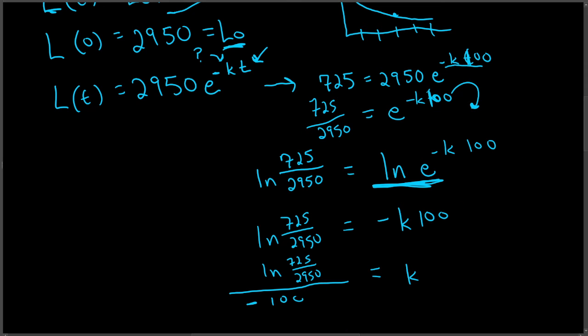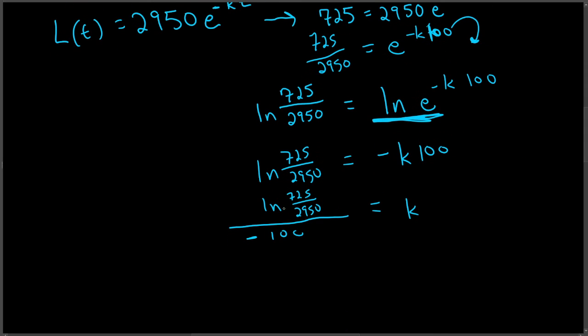Now, some things we know about logarithms is that a number less than 1, which this fraction would be, gives me a negative log. So what's going to come out of this k constant is going to be positive. At this point, I would just plop the whole thing into the calculator and see the value that comes out of it. We get k is equal to 0.0140339.